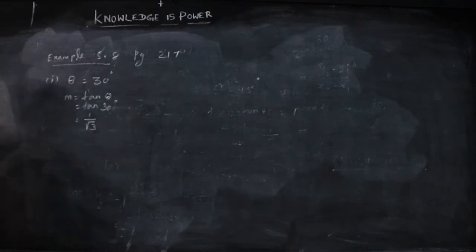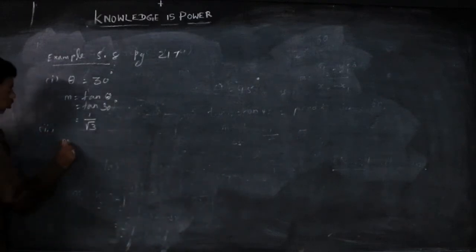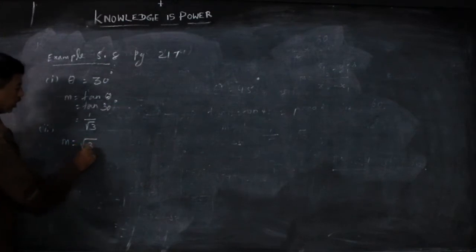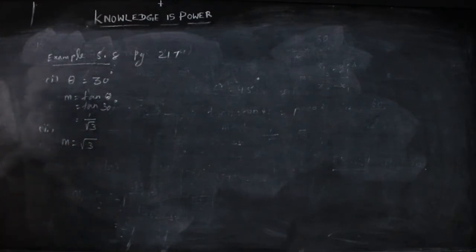Next, in the same question, they asked, what is the inclination of a line whose slope is root 3? They have given the value of m as root 3, and they are asking to find the inclination.